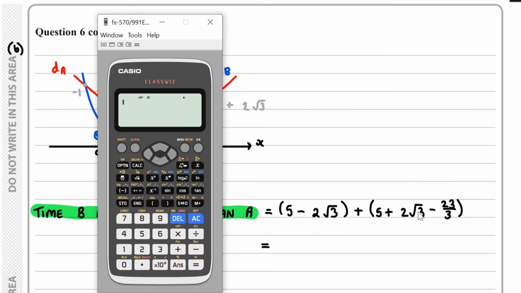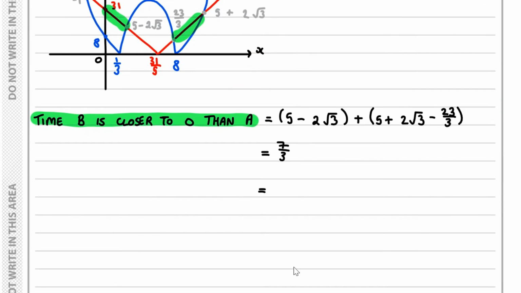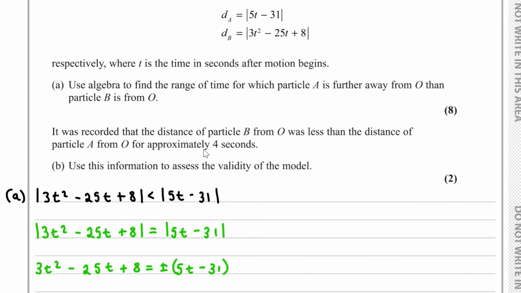So if we work all of this out, we have here the minus 2 root 3 and the positive 2 root 3 cancelling. So we've got 5 plus another 5 minus 23 over 3. So here we get 7 over 3, which if we work out its decimal equivalent, we get 2.33, etc. So this is the time for which B is closer to O than A. And this over here is less than the 4 seconds that was described to us from the question here.